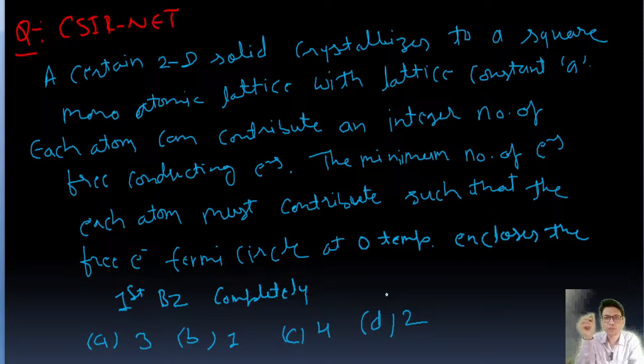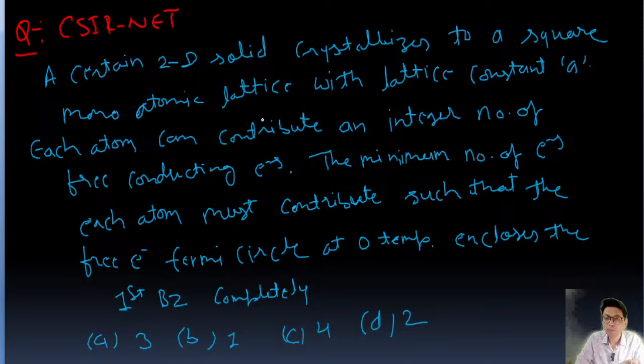I'll read the question. A certain 2D solid crystallizes to a square monoatomic lattice with lattice constant A. Each atom can contribute an integer number of free conducting electrons.